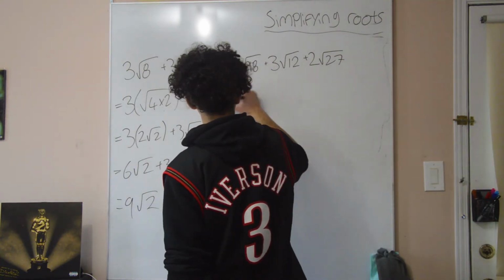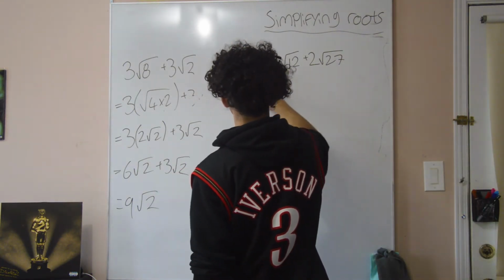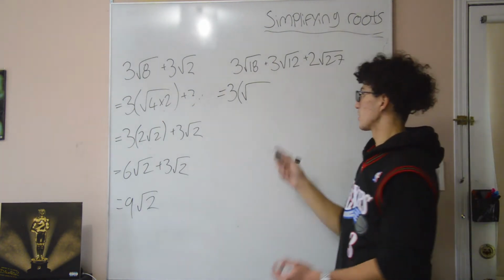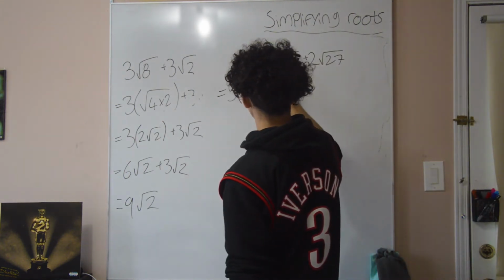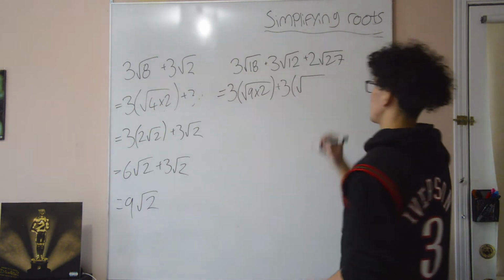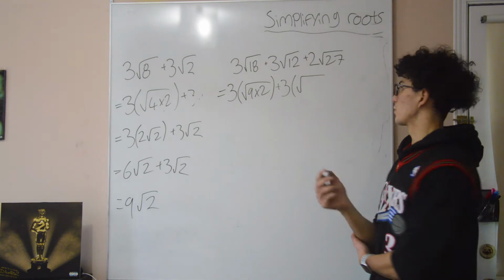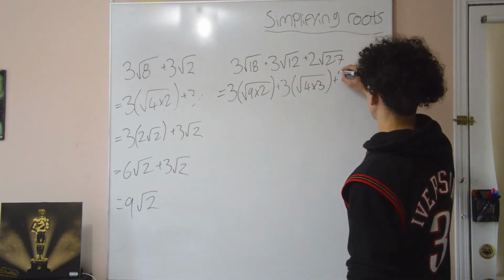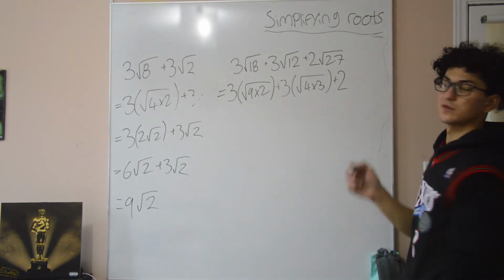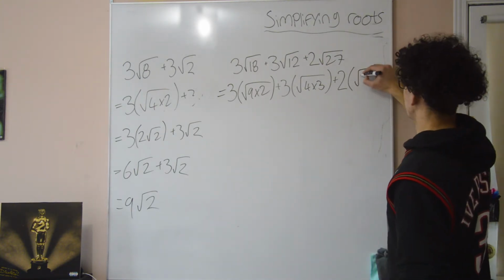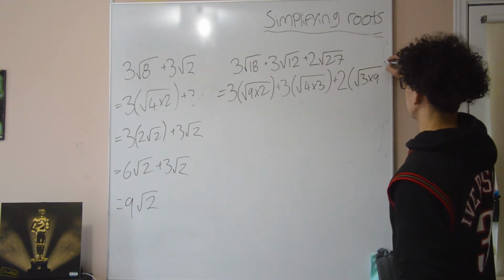So 3 root 18, we want our perfect squares, and the only perfect square that we can use here is 9 times 2. Okay, plus 3 root 12. Now root 12, the only perfect square we can really use is, well, 4 times 3. And finally 2 root 27, well, again, the only one we can really use is 3 times 9.